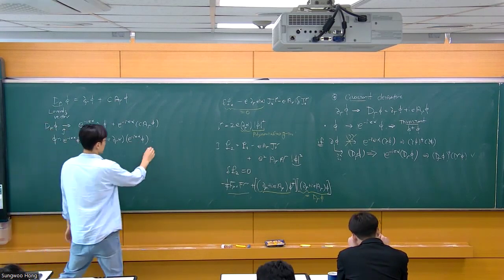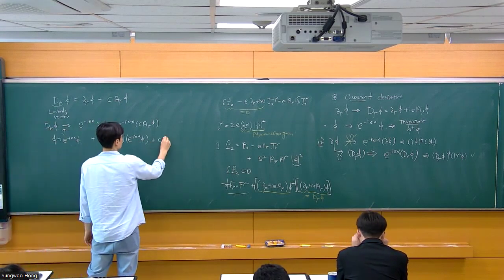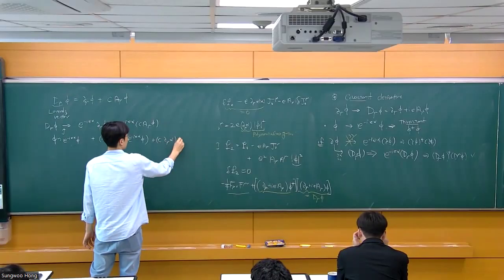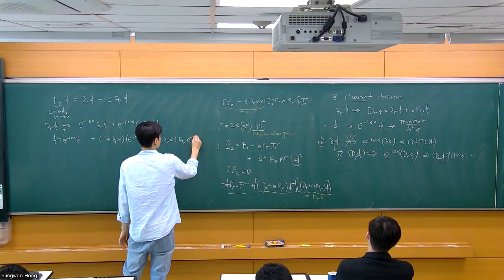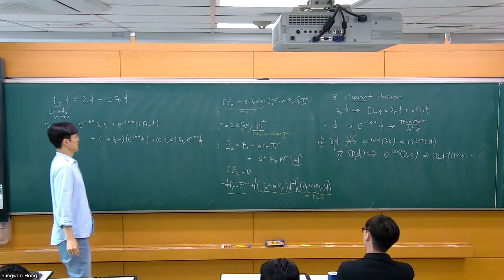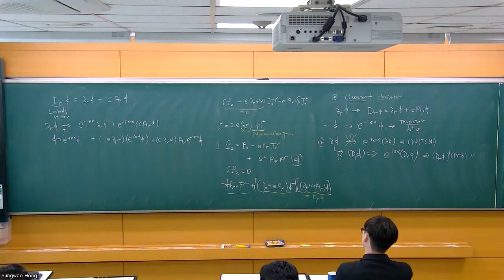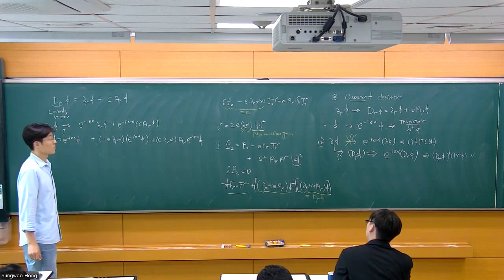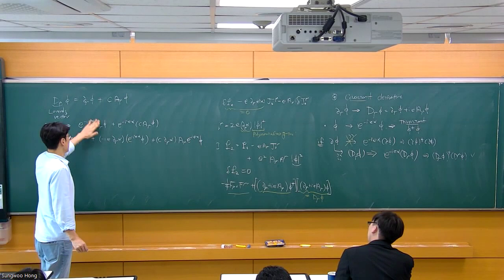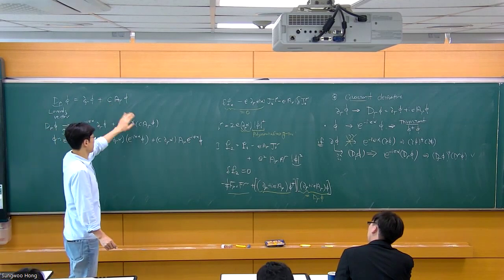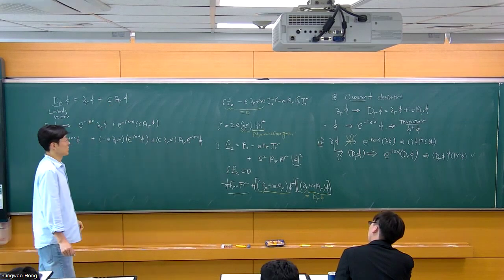Then I have to take into account how A transforms, which I know: derivative of alpha, and then A mu, which has its own transformation, e alpha. So I literally plugged in and computed, and that gives these two terms. That's all I'm saying.